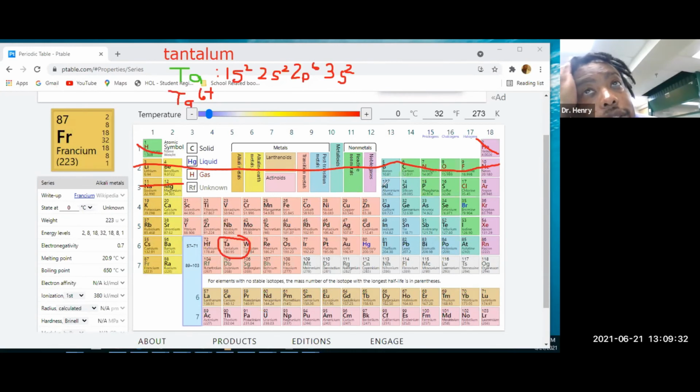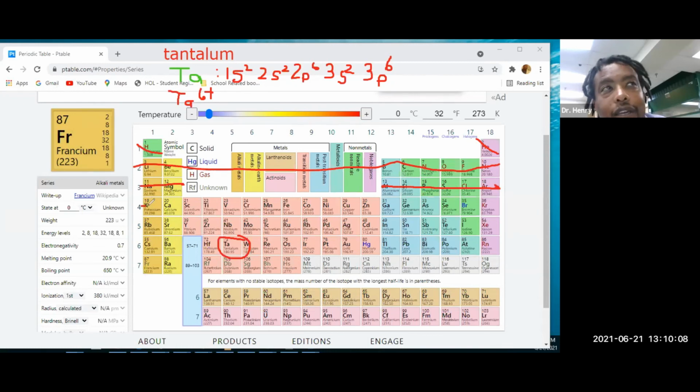And then 3d10, right? Would it be 3p10? What is it then? Well, if we were doing it in accordance with the periodic table, it would be 3p6. Okay, so then that would be that.